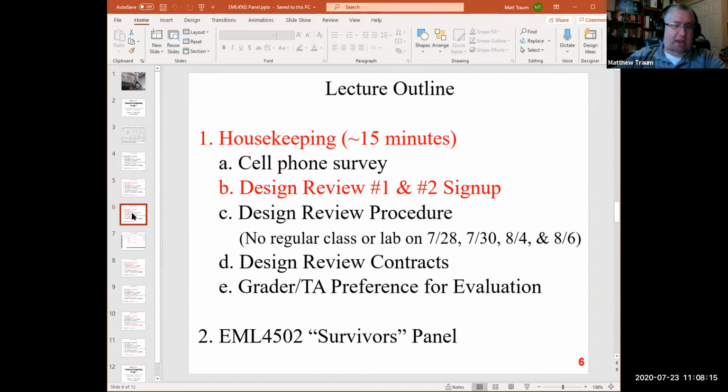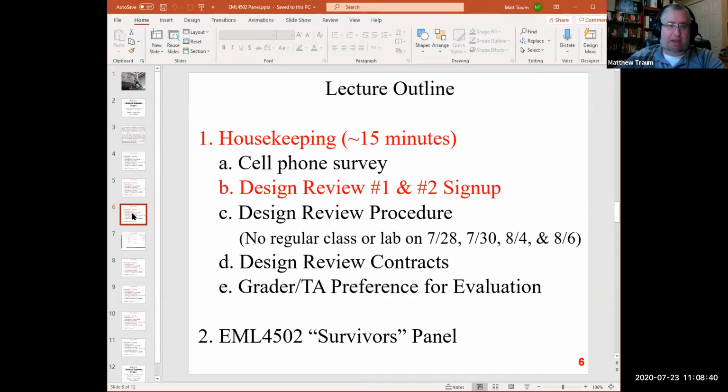The second thing is design review 1 and 2, which actually start next week. Instead of having just a normal class session where we have activities or I'm delivering a lecture or some content, what we'll do in the design reviews is we'll get one team at a time. There's 7 of you guys, 7 teams.